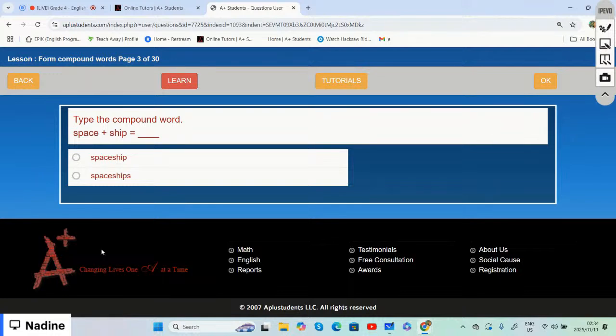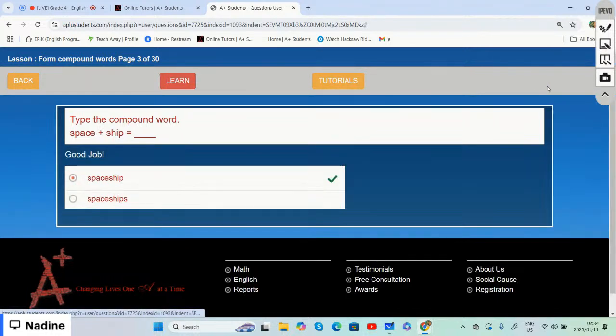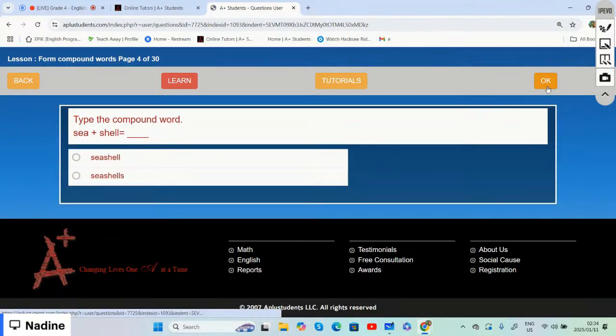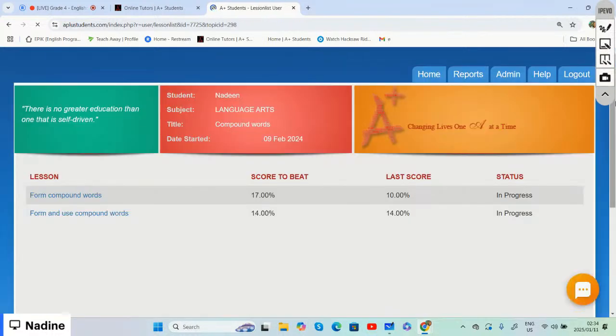And if we put those two words together, it is a spaceship. Well done. One word, space plus ship. Yes. So that is basically us forming compound words. It's two words that we put together and then it creates one word.